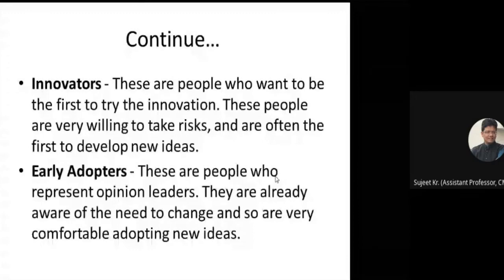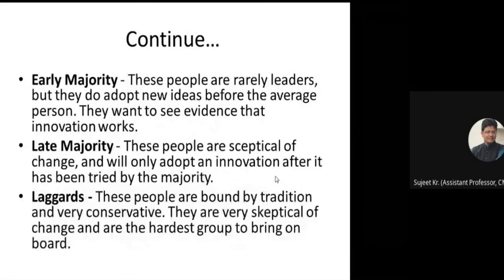Early majority people, for them, I'm talking about the communication strategy. For this category of people, you have to provide them data. You have to provide them some success stories showing how these things may work. Late majority: again, you have to show them how the majority of the population has adopted it and how all of them are benefiting from it, and why you are not adopting it.